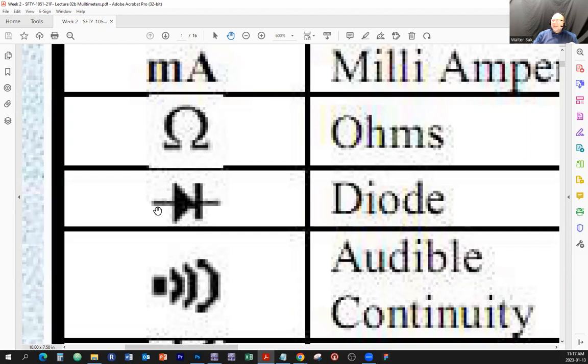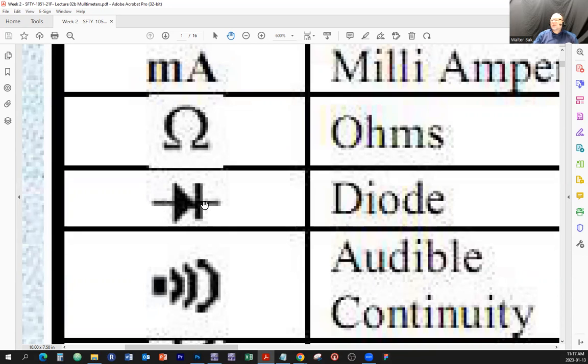Right? Now, different diodes will have different forward bias voltage. Like for example, if it's a silicon diode, you're going to have something around 0.7 volt, because it takes 0.7 volt to start punching through the diode.